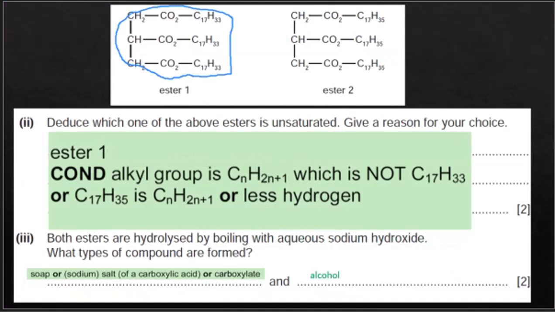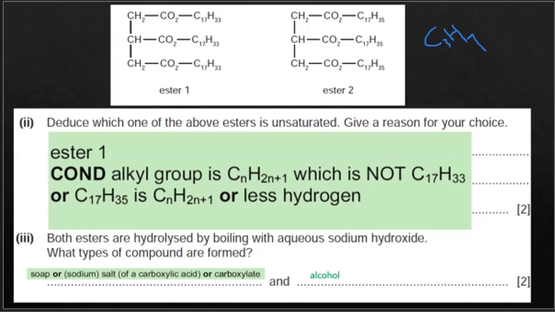Now, when we talk about alkyl groups, an alkyl group is a CnH2n+1 group. So CH3 is methyl. C2H5 is ethyl.